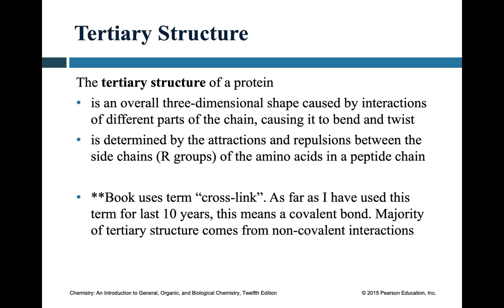Most of the interactions that keep a protein together aren't covalent. They're going to be intermolecular forces, and we'll talk about the types of intermolecular forces in the next slide. Just be careful with terminology. Typically, when I say cross-link, or I've ever heard a scientist say cross-link, it's a covalent bond, not a non-covalent bond. So that's just my own little caveat.